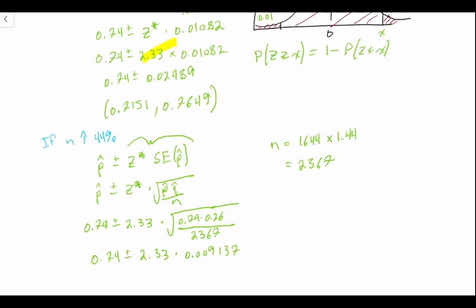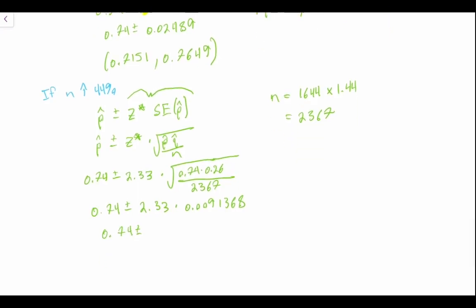Let's do a few more: 3, 6, 8. So we're then going to use that value. 2.33 times this value gives us 0.74 plus or minus 0.021289.